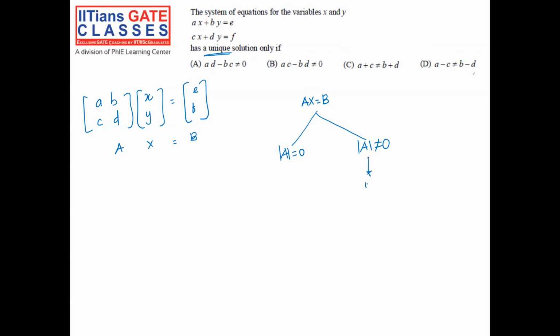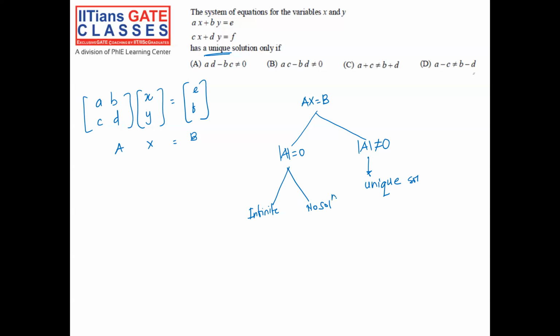So we'll get a unique solution only if determinant is non-zero. If determinant is 0, in that case either we will get infinite or no solution, depending on the values, depending on the subcases.